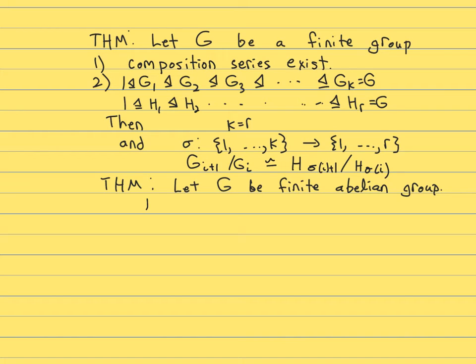A simple group that's abelian, every subgroup is normal because you're abelian, and the only normal subgroups are the trivial group and the whole group. So in other words, the only subgroups are the trivial group and the whole group. The only quotients are the prime cyclic groups. So we already know exactly what the building blocks are. The building blocks are the prime cyclic groups.